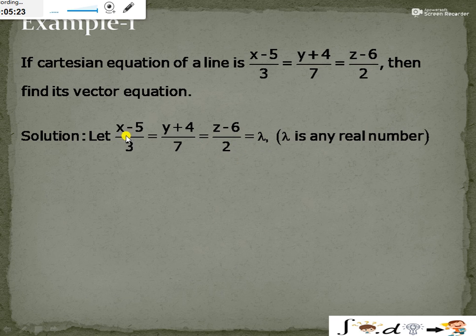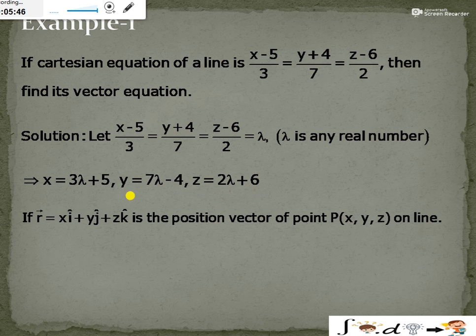From this, first x minus 5 by 3 is equal to lambda. Find the value of x. X is equal to 3 lambda plus 5. And from this, y plus 4 by 7 is equal to lambda. Y is equal to 7 lambda minus 4, and similarly z is equal to 2 lambda plus 6. Okay, and now we have to consider this vector r.